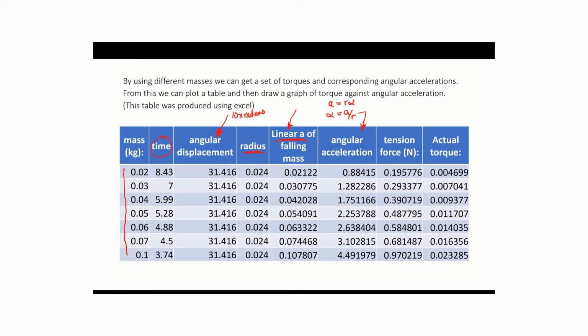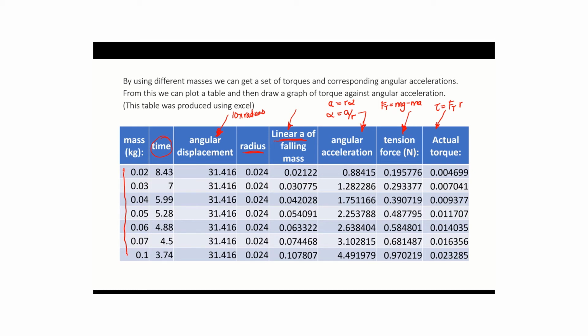Tension force, we calculated previously, remember, Ft equals mg minus ma. We've now got a, and we know m, and we know what g is, so we can calculate that easily enough. And the torque, if you remember, is Ft times r.